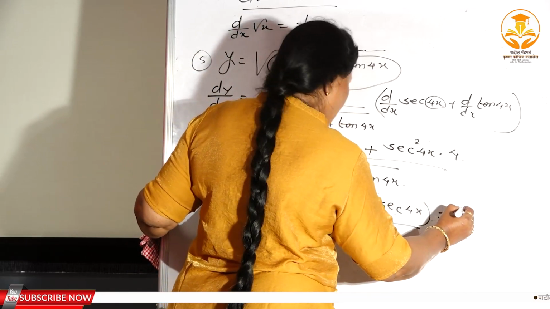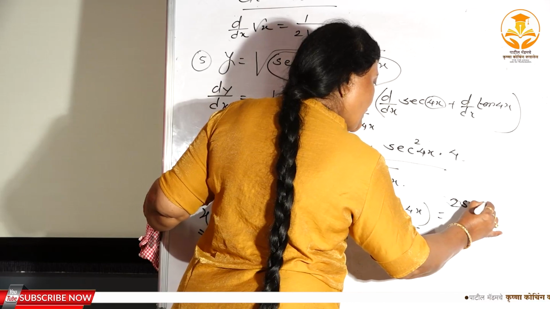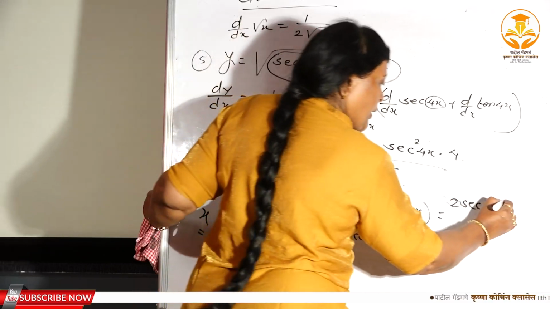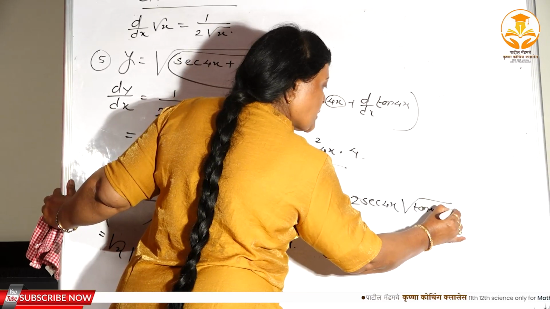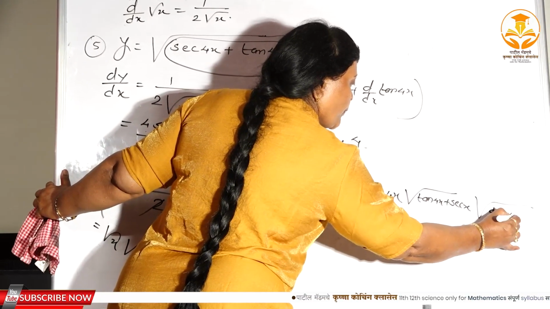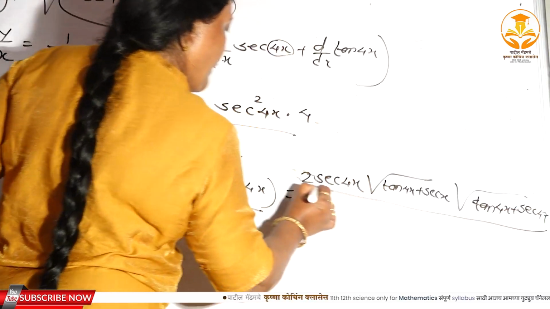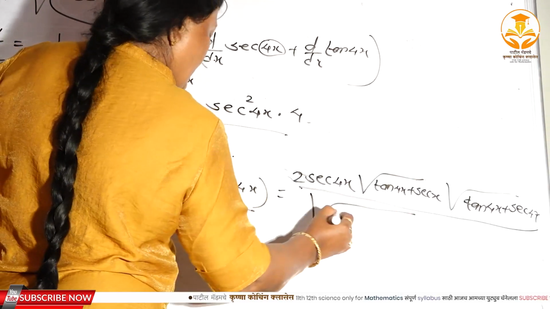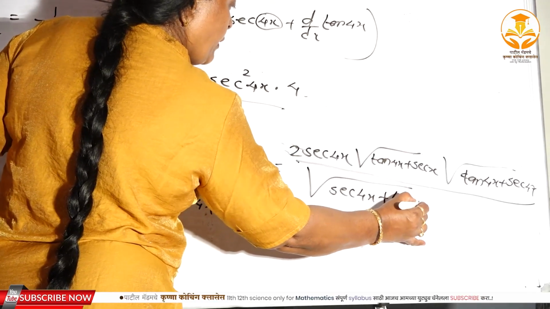You can write it like that. See here, this is 2 sec 4x remaining as it is, and here you can write 2 root tan 4x plus sec 4x into tan 4x plus sec 4x divided by root of sec 4x plus tan 4x, right?